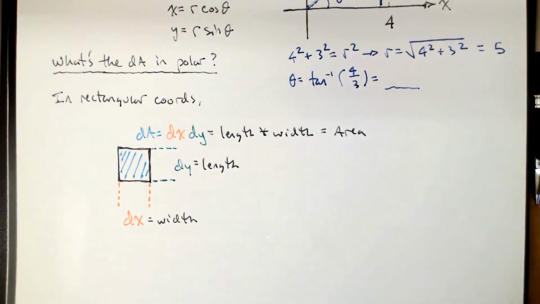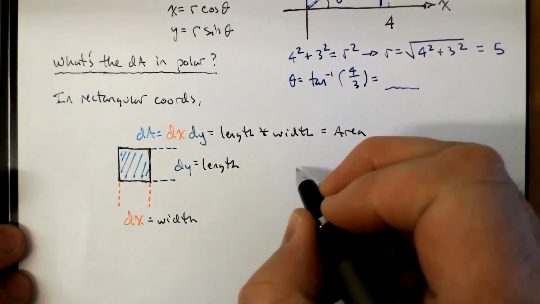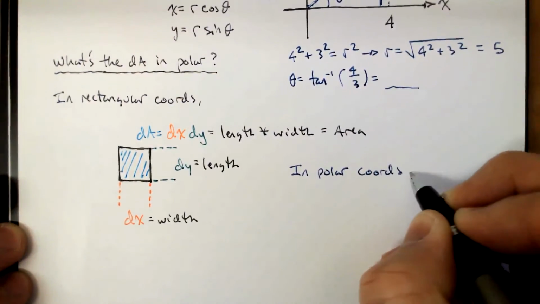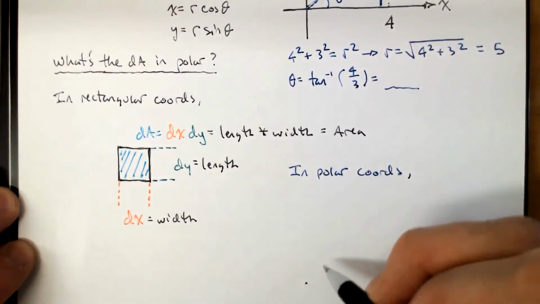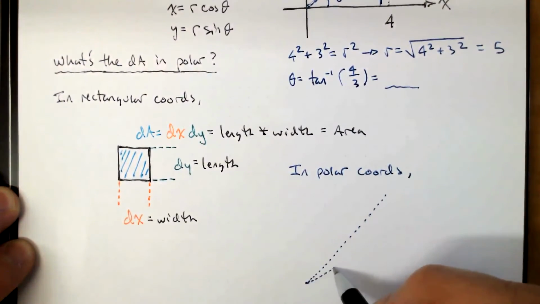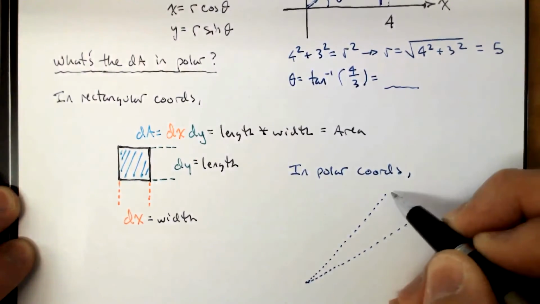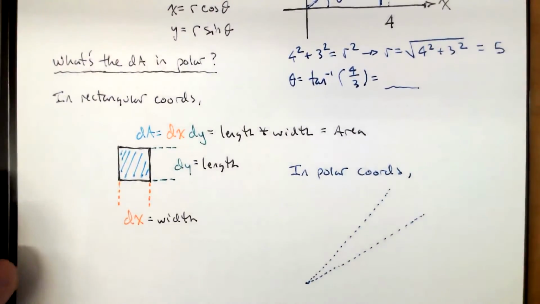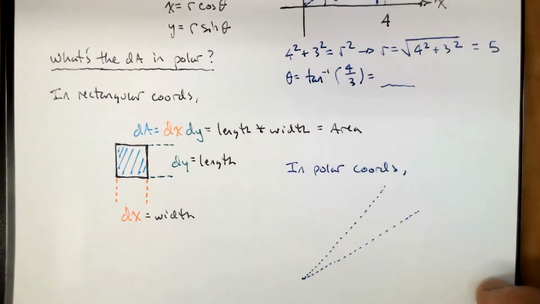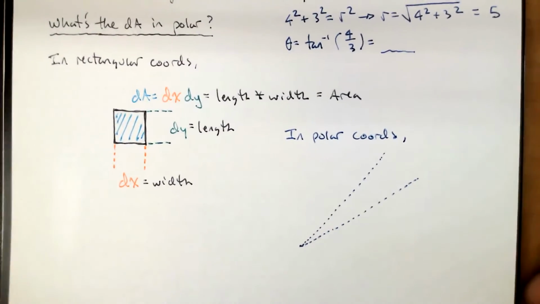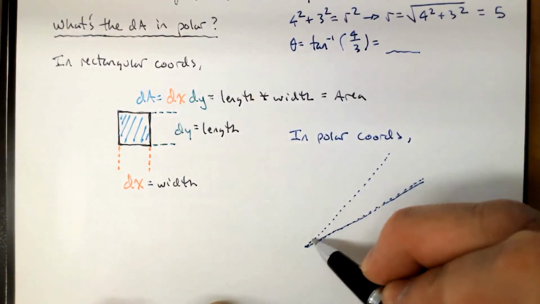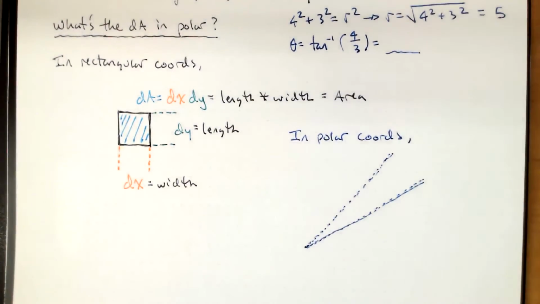But in polar coordinates, instead of being on a grid, only one of the coordinates represents distance.